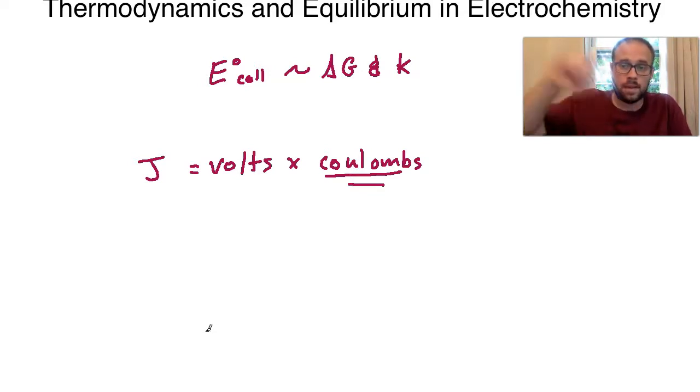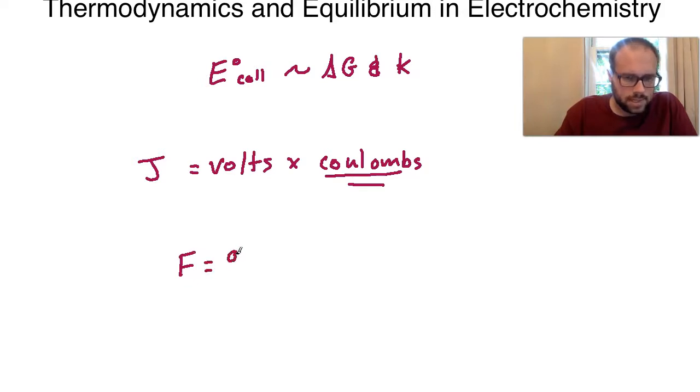Because, right, we're sending electrons through a device or powering a voltage meter or whatever it is, and they're cycling over and over again. So it's not just one electron in theory, it's a whole bunch of them. So when we do that, we want a unit that can capture that information, and it turns out there is one. It's known as Faraday's constant, which we abbreviate with an F.